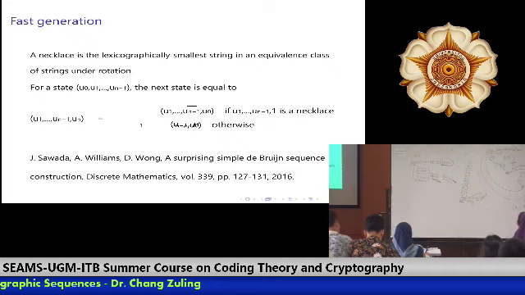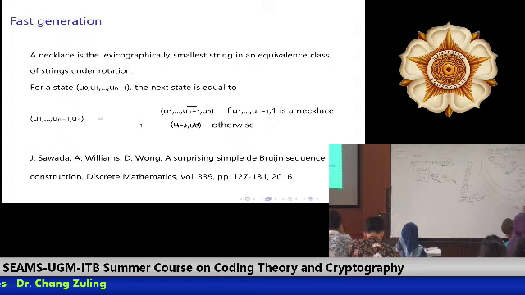If U1 to UN minus 1, the last one is 1, is a necklace, then we take U0, UN minus 1 to be the same.